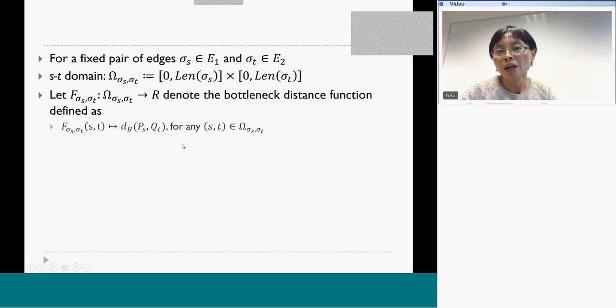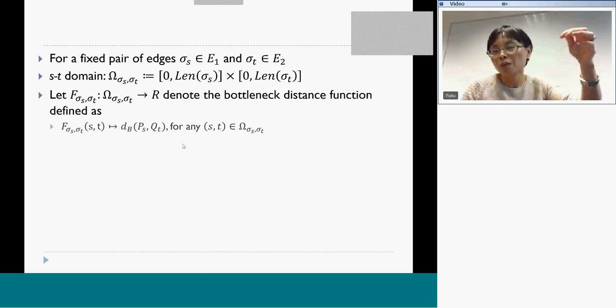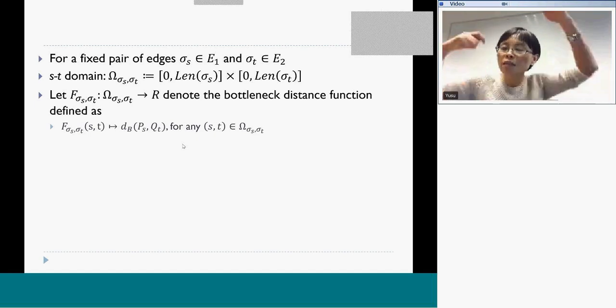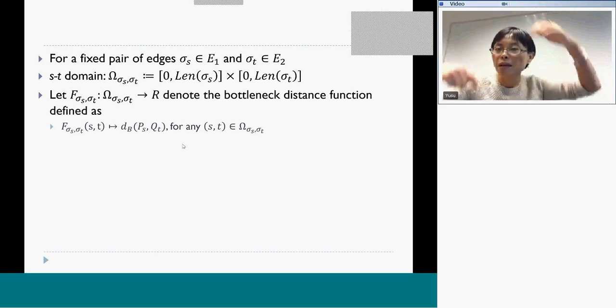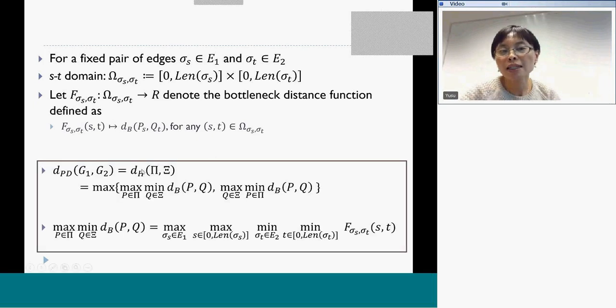Intuitively, this function F encodes the bottleneck distance between any two possible persistence diagrams in the image set. It's not too hard to see that once I understand how this bottleneck distance function F behaves, we'll be able to compute the persistence distortion distance.